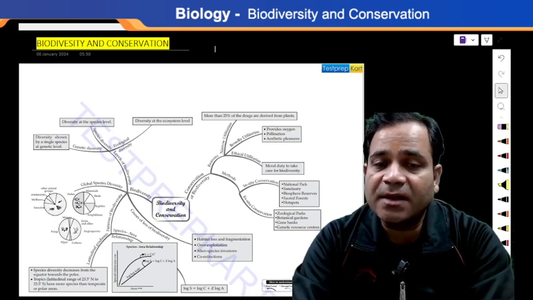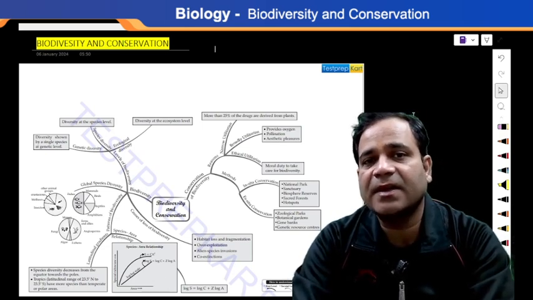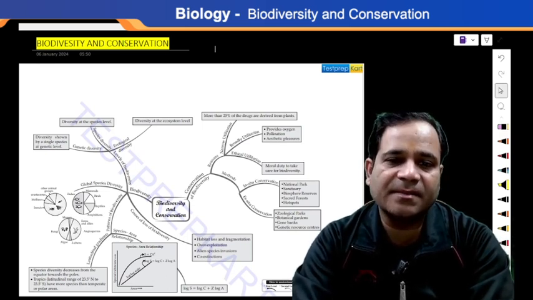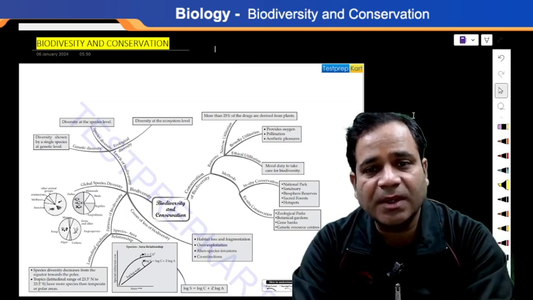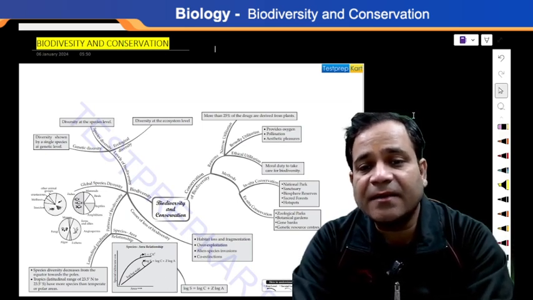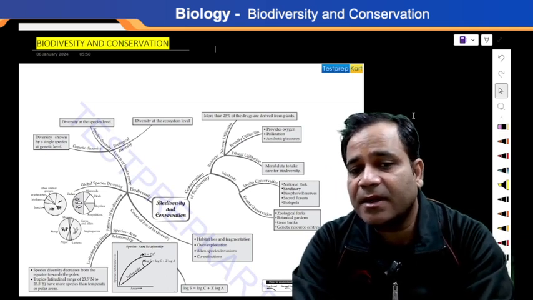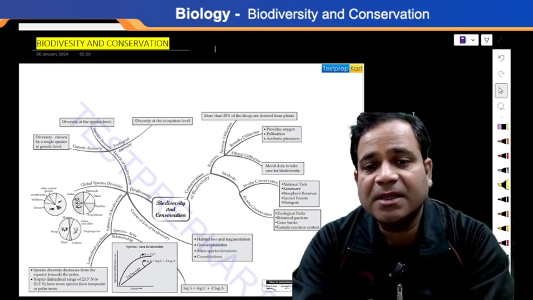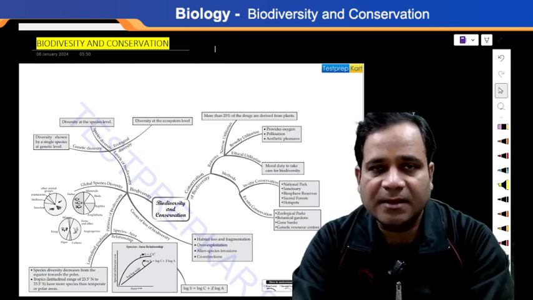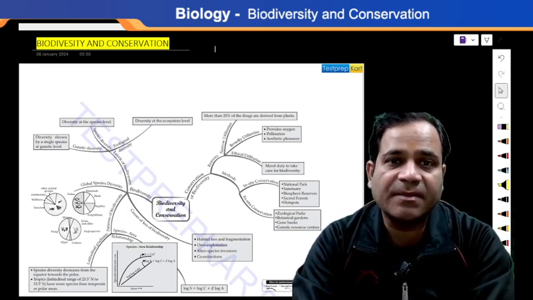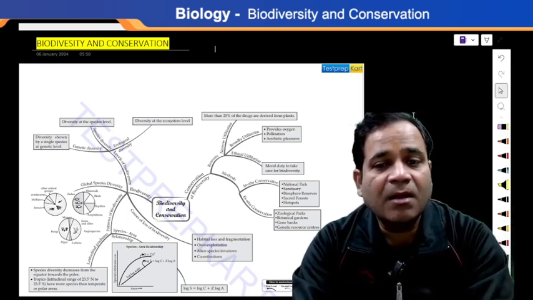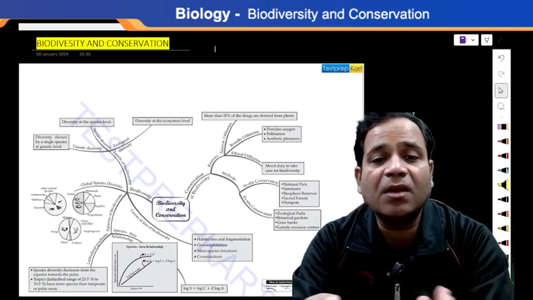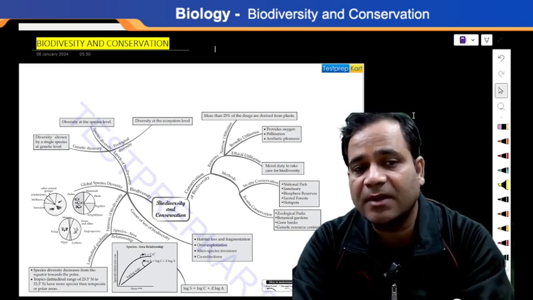These are very important terms. In situ conservation uses protected areas where we conserve biodiversity: national parks, sanctuaries, biosphere reserves, sacred forests, and hotspots. For ex situ conservation, there are also protective areas where we conserve biodiversity: zoological parks, botanical gardens, gene banks, and genetic resource centres.